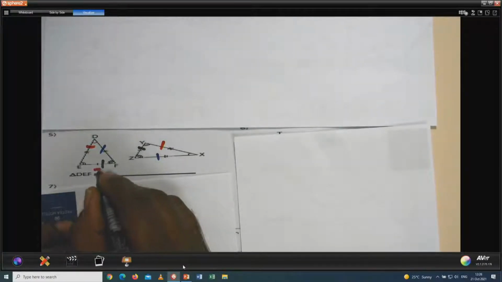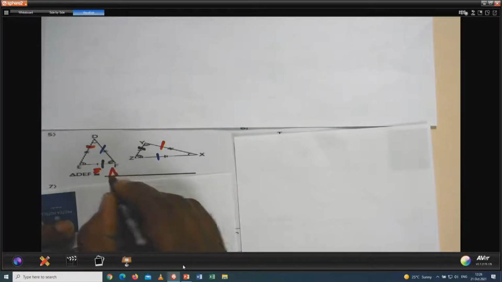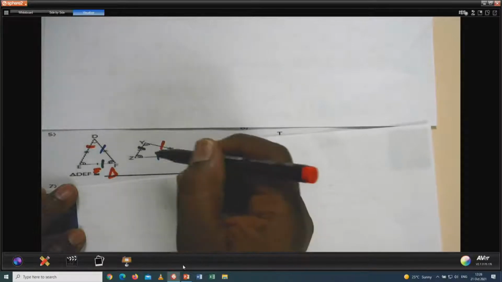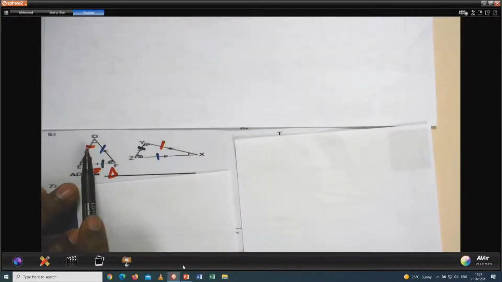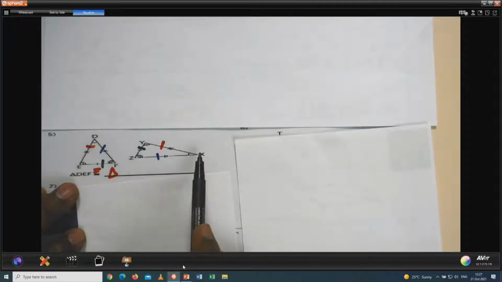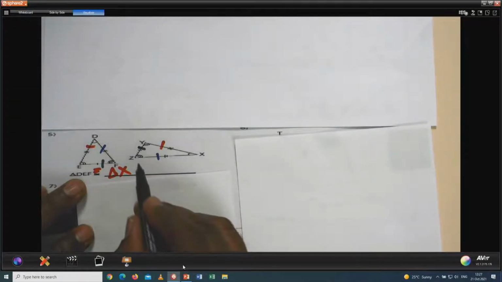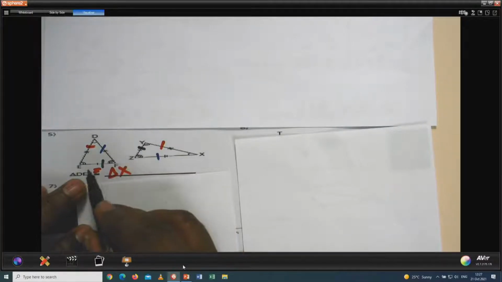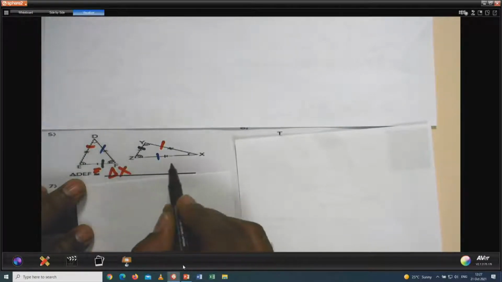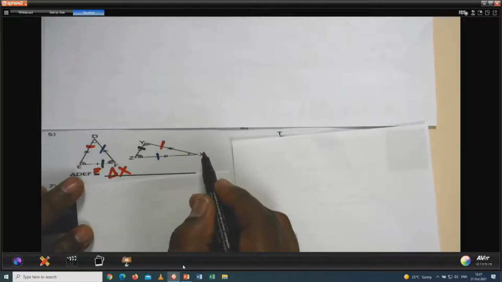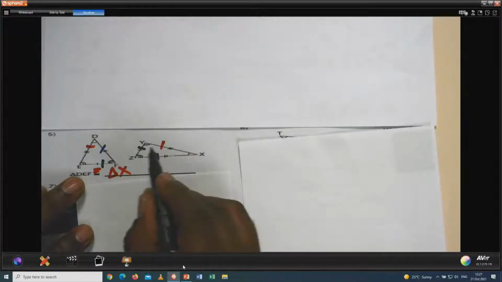Now we check triangle DEF. Is it congruent or not congruent? When you look at D, it is between red and blue. So we must look for the angle which is between red and blue, which is X. E is down the red side.